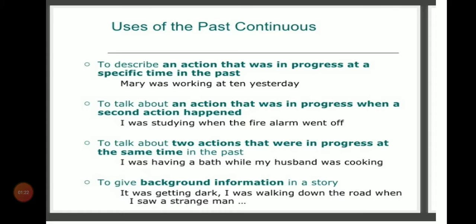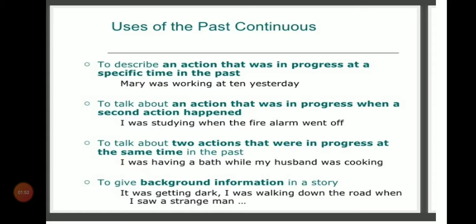So the short action interrupted the long action, like here in this sentence: I was studying. You know the verb study is a long action because it takes a long time. I was studying. What interrupted me? The fire alarm went off. So, I was studying when the fire alarm went off.